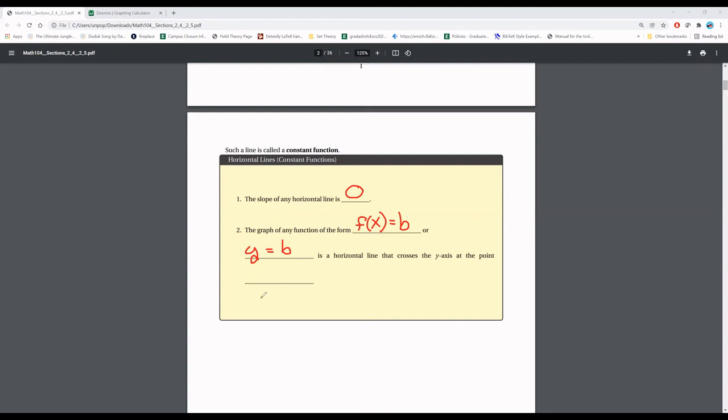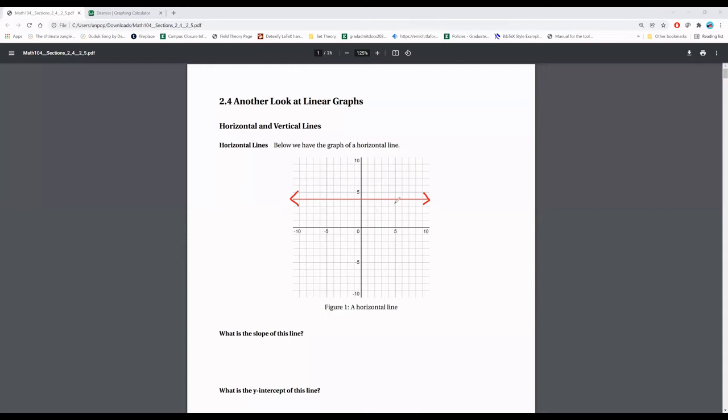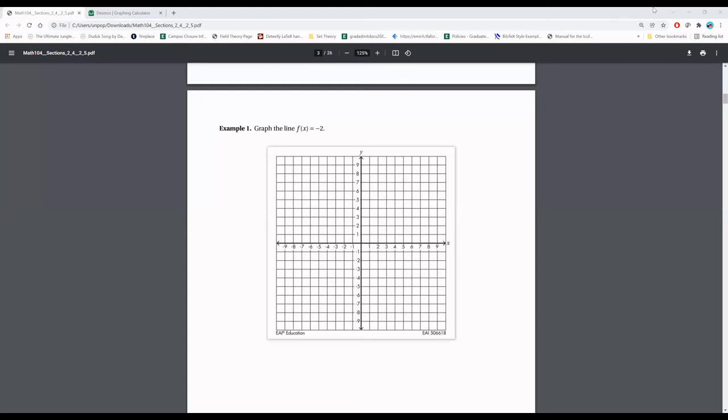It crosses the y-axis at the point x equals 0, y equals b. So looking at our example here, we would say that this is the line f of x equals 4, or if you prefer, y equals 4.